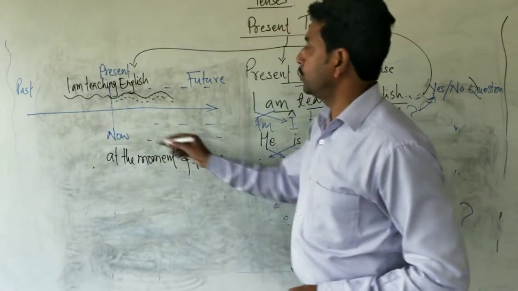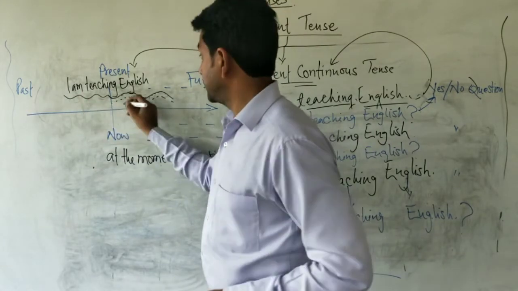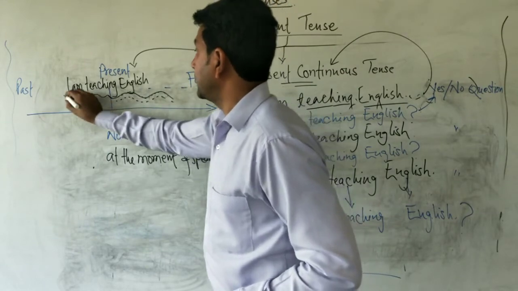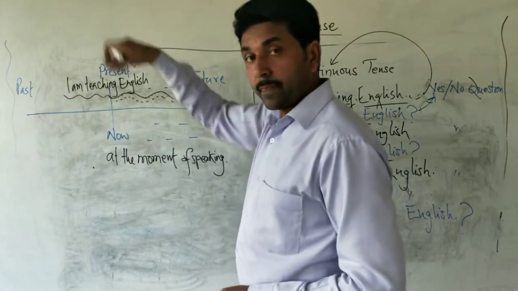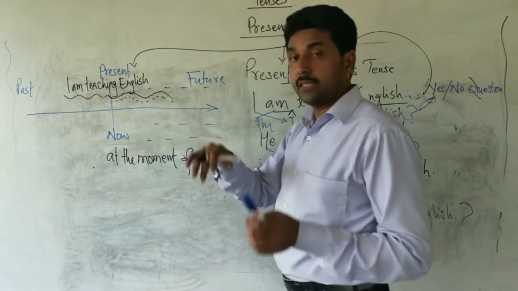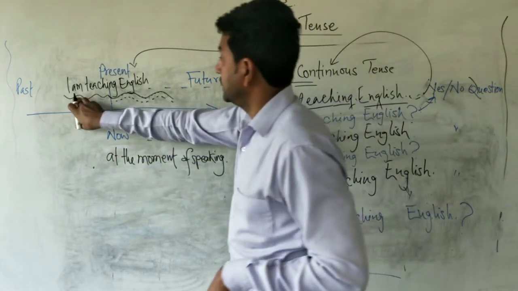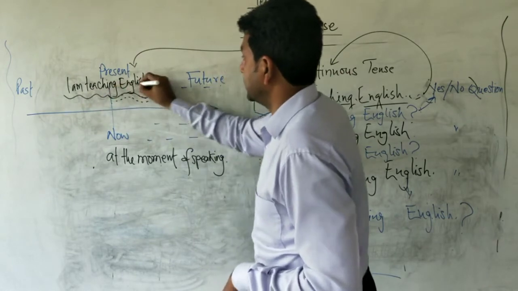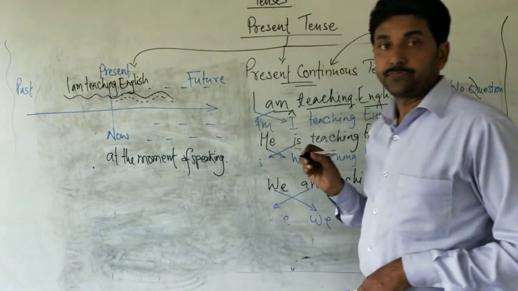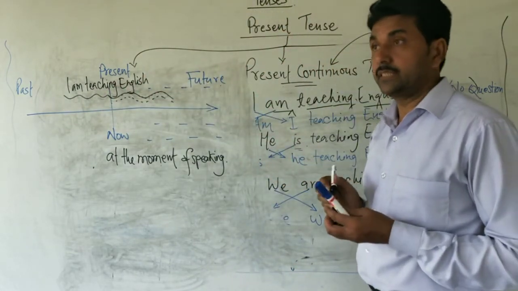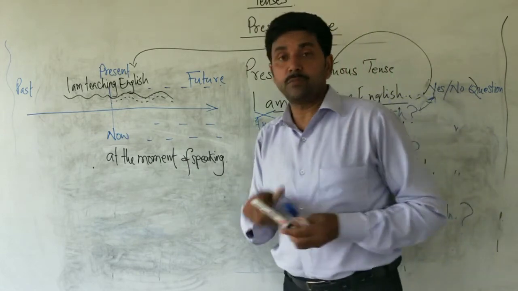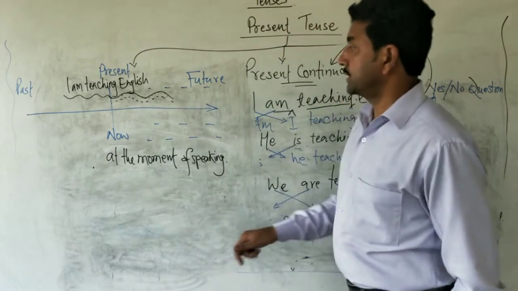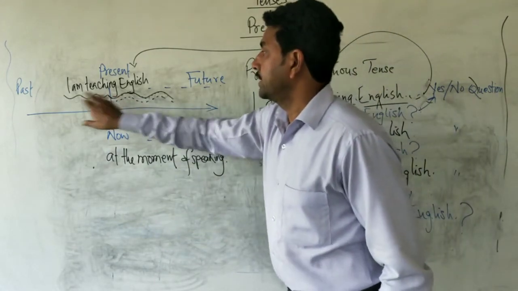So we can show the present continuous tense here, and it is continuous. This shows that it is still continuing. It is not completed, it is not finished. I am in the middle of the action. So present continuous tense can be shown here, not here.